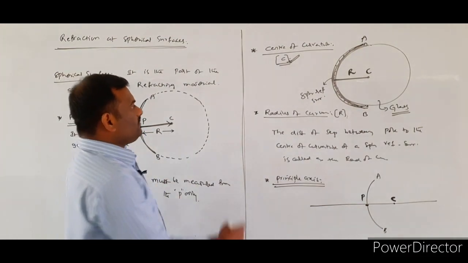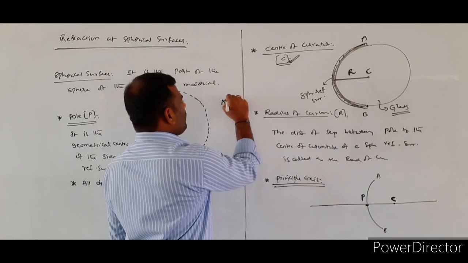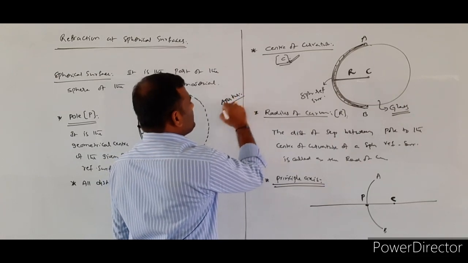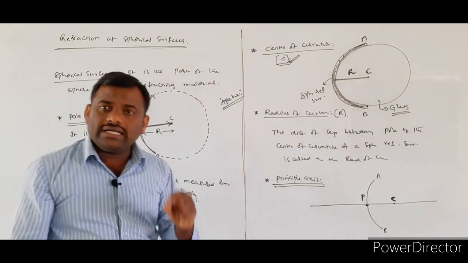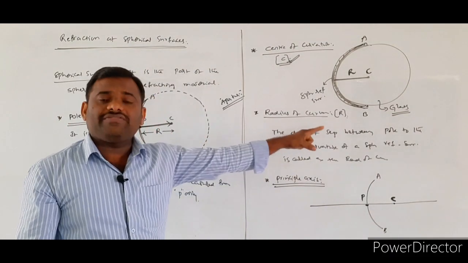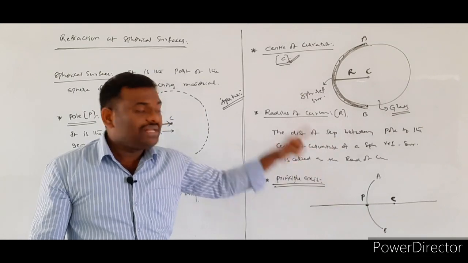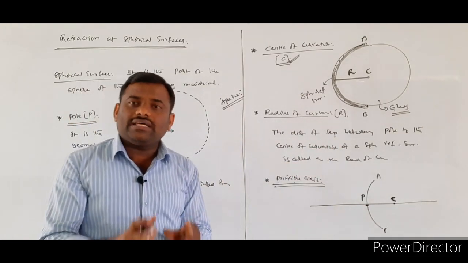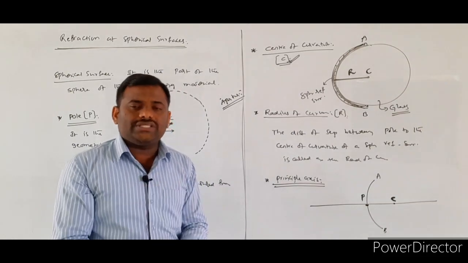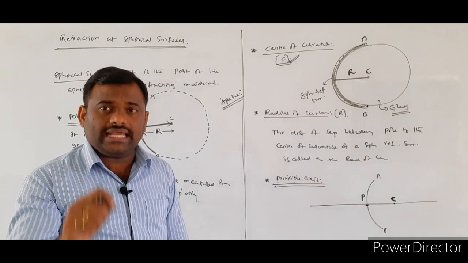Next definition is aperture. The size of the aperture: the diameter of a spherical refracting surface gives the size of the aperture of a given spherical refracting surface.